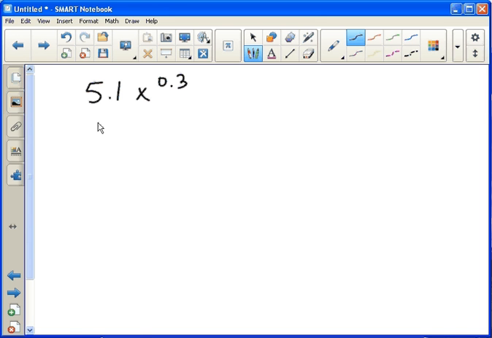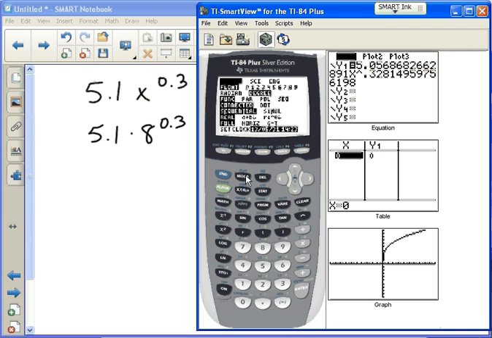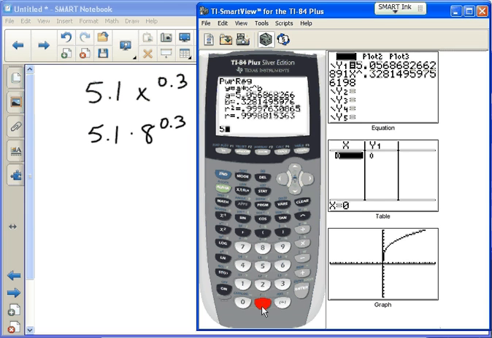So 8 years, that's our x, so we would do 5.1 times 8 raised to the 0.3. Oops, sorry about that. Let's see. 5.1 times 8 raised to the 0.3. And we get approximately $9.52 per hour.